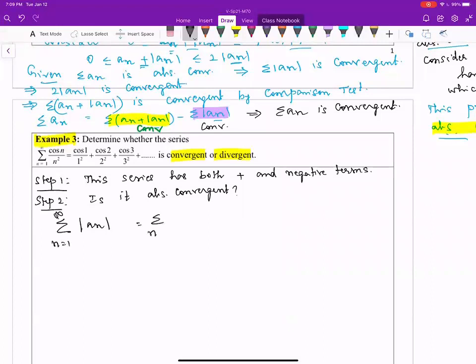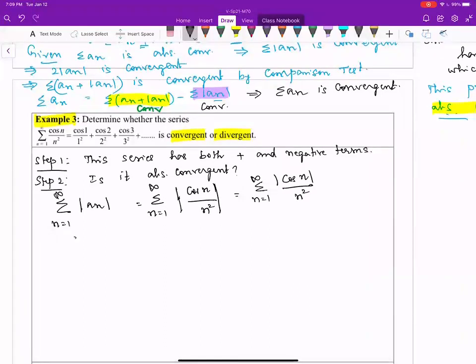which is sigma, n varying from 1 through infinity, absolute cosine of n over n square. So n is always positive, so n square is positive too. So it's only absolute of cosine of n over n square. So let's use comparison test.